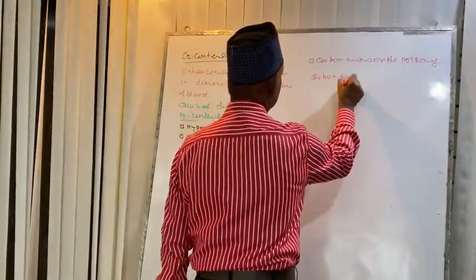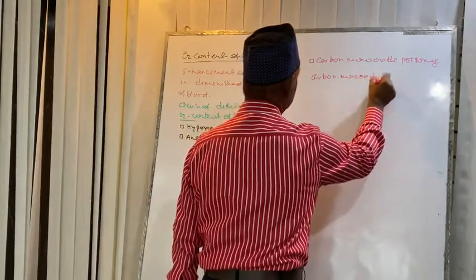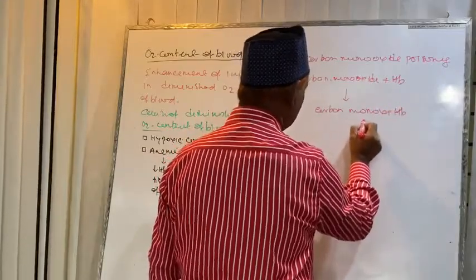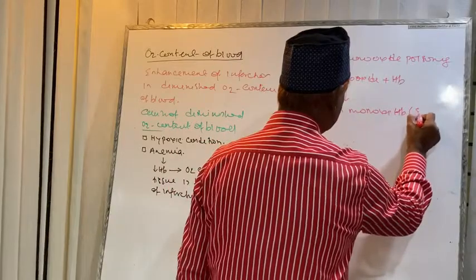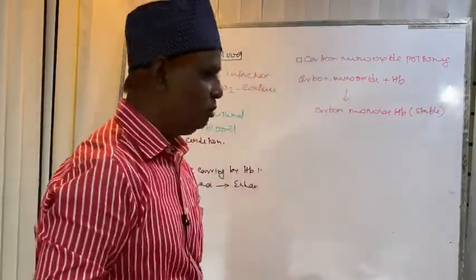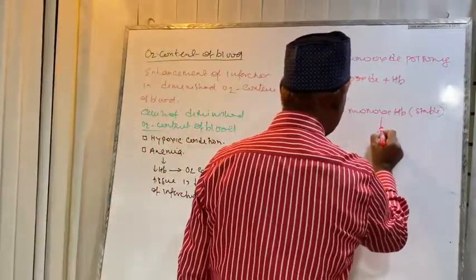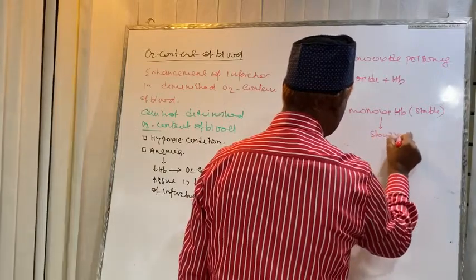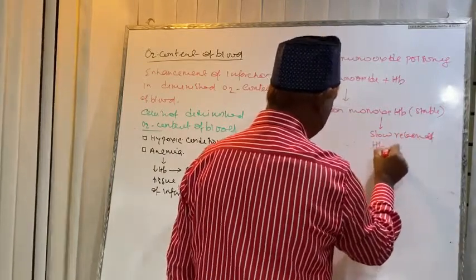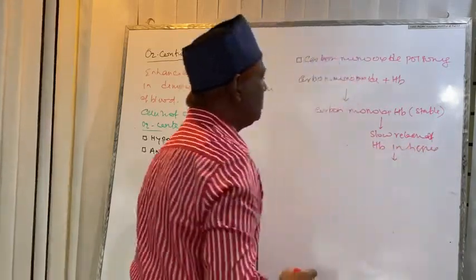When carbon monoxide binds with hemoglobin, it forms carboxyhemoglobin, and carboxyhemoglobin is a bit more stable than oxyhemoglobin. As carboxyhemoglobin is more stable, there is slow release of oxygen from this combination. As there is slow release of oxygen from carboxyhemoglobin, tissue gets minimum oxygen. So, there will be enhancement of infarction.